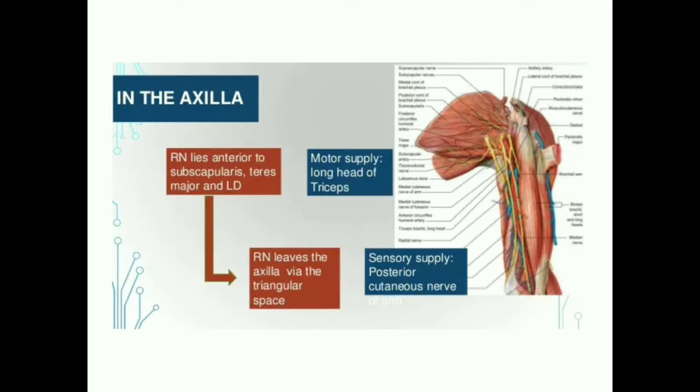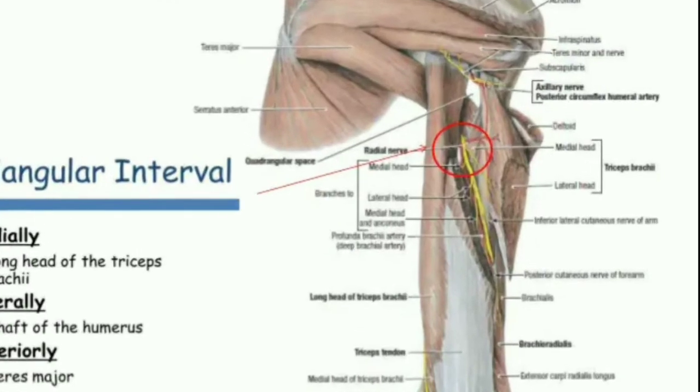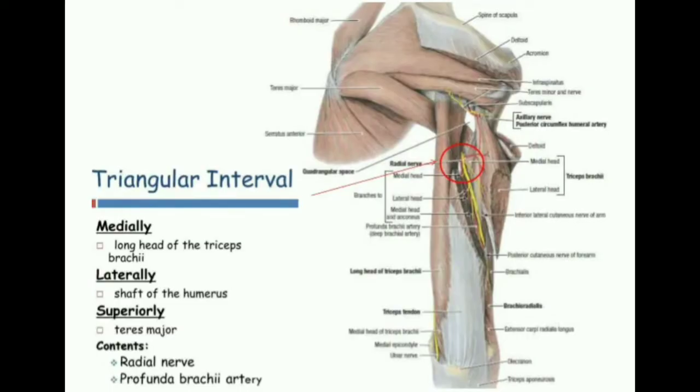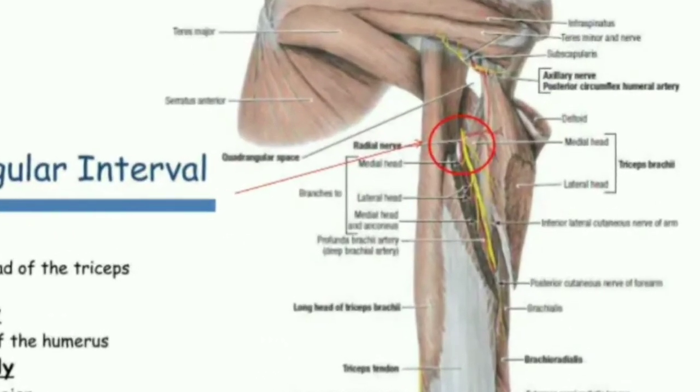Here you can see in this picture. It winds around the posterior aspect of the humerus in the spinal groove, which means in the spinal groove we have the radial nerve.